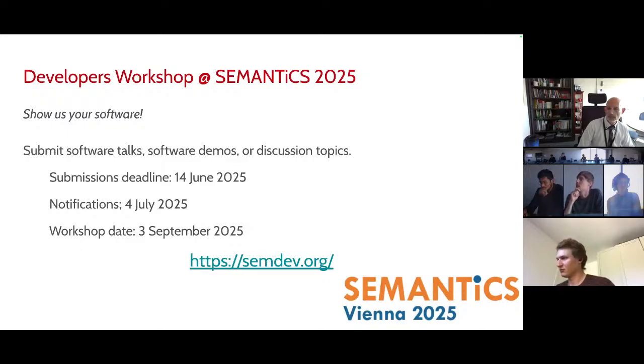So if you have any cool software related to semantic web or knowledge graphs that you want to show during this workshop, if you want to give a talk or just a demo, or you want to propose some specific topic you want to have a discussion on, be sure to submit to this workshop. Deadline is the 14th of June, so not that far off anymore.